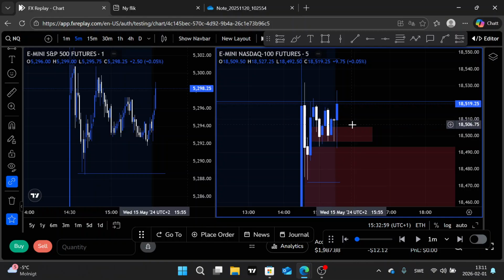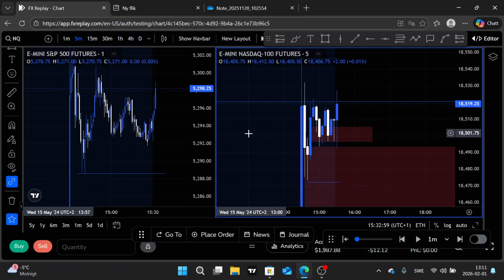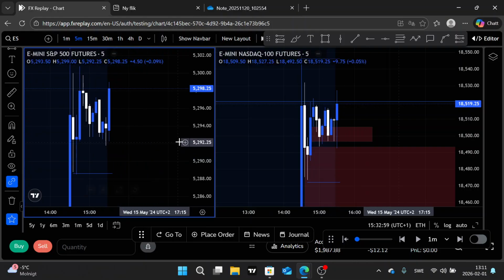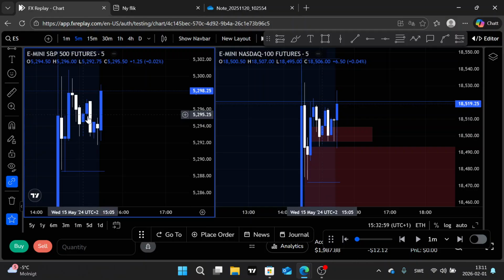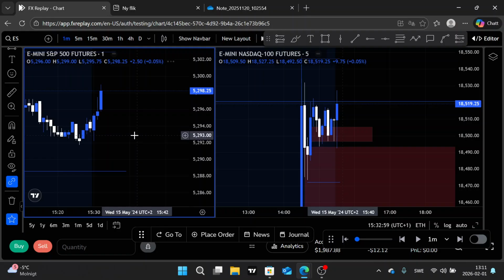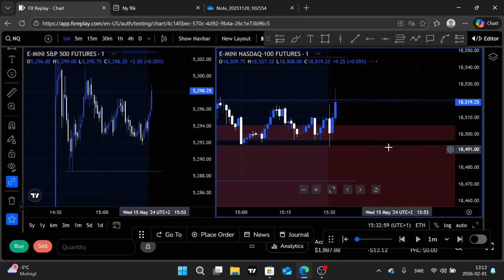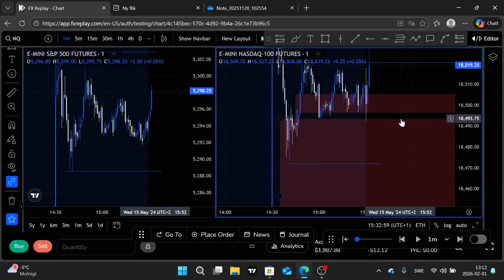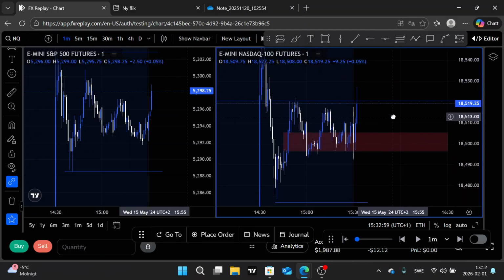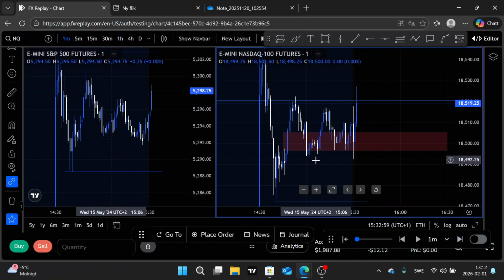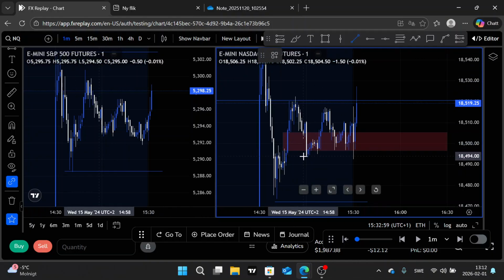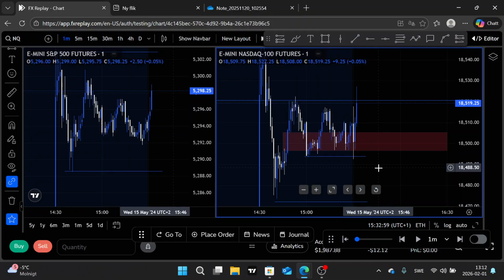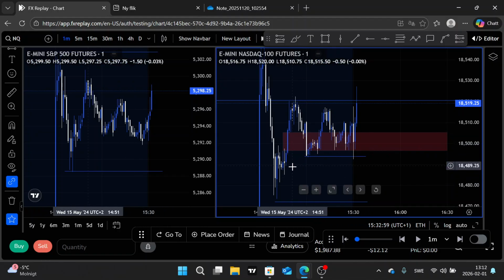And we inverse this fair value gap too. We still respect this fair value gap on US too. Internal sell side is taken. Respect 5 minutes fair value gap.